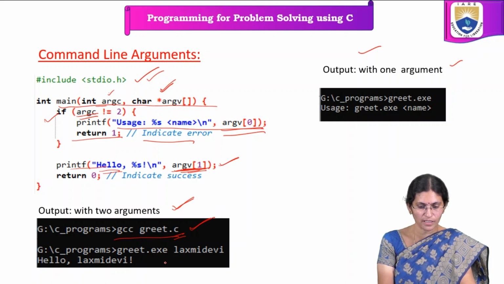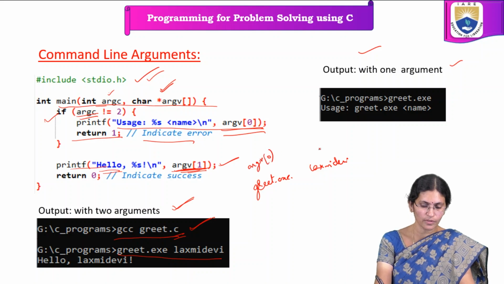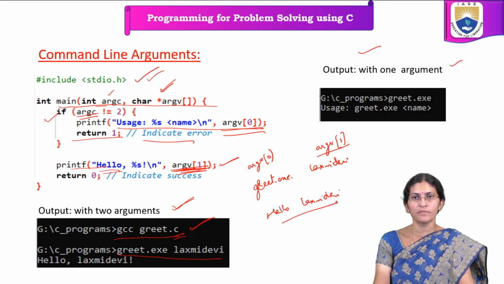These are the two command line arguments we have passed: greet.exe, and then here this is ARGV of 0 and this is ARGV of 1. Since ARGV of 1 is given, it will print hello. This is the output of this program for this input.